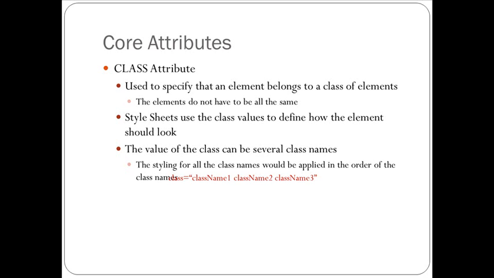So you might give them a class, and make the class name something like new items. And then apply that class to those multiple paragraph tags that you want to apply styling that would come from that class name. We'll talk about that when we get into cascading style sheets.